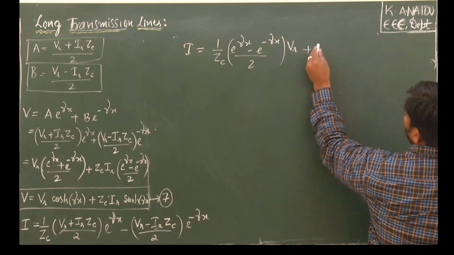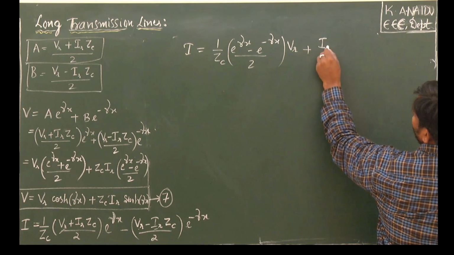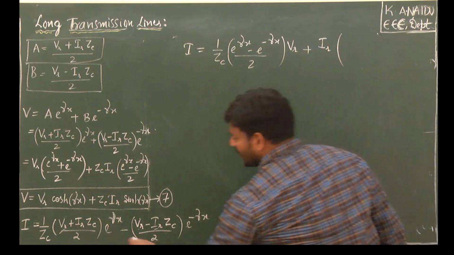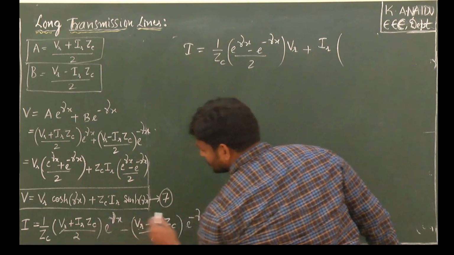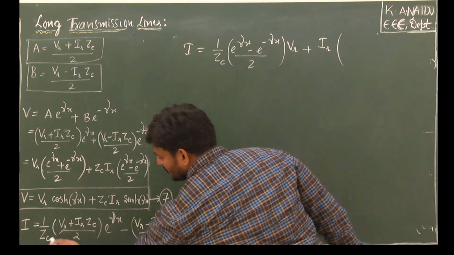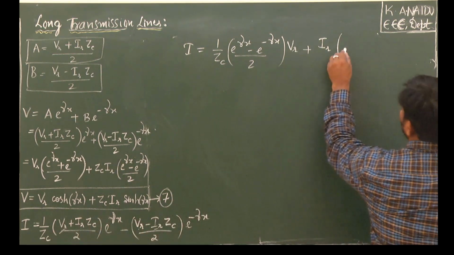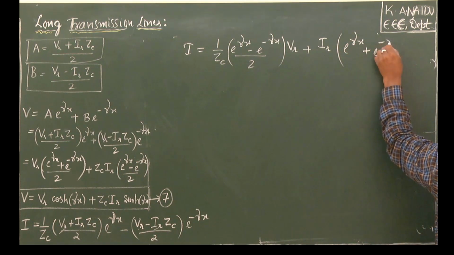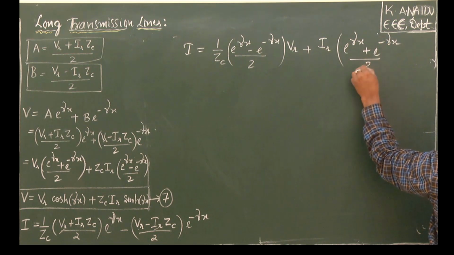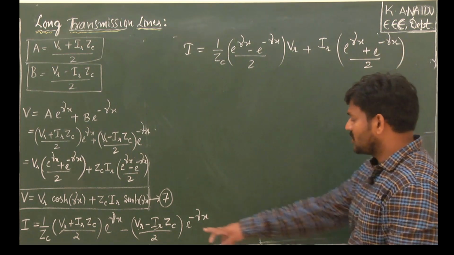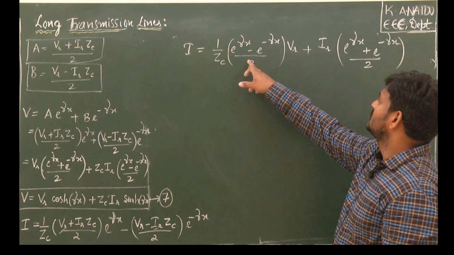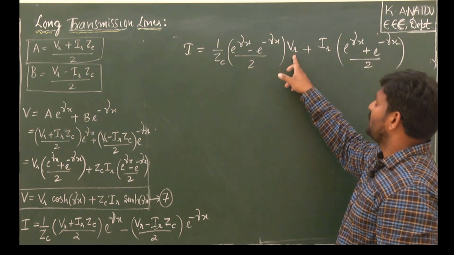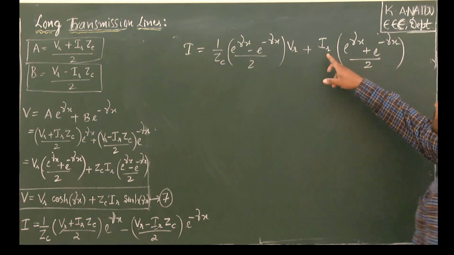What you will get? Here IR coefficient is e power gamma x by 2, and ZC will cancel. So (e power gamma x plus e power minus gamma x) upon 2. So from this equation, you take out the coefficients of VR and coefficients of IR.